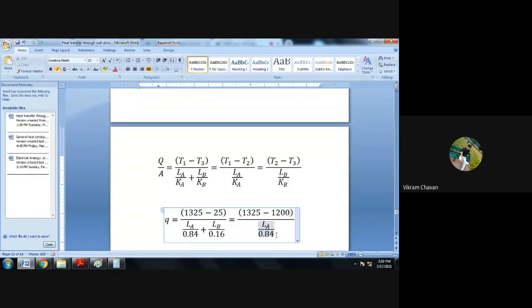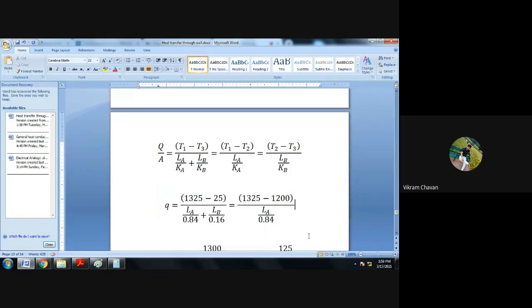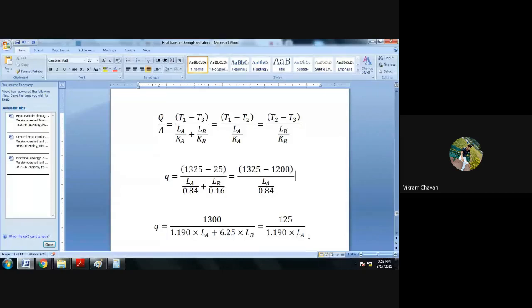Getting everyone? Now next, we have to deduce that equation in the simplest format. So first of all, what we have done, we have converted 1 upon 0.84 and 1 upon 0.16.